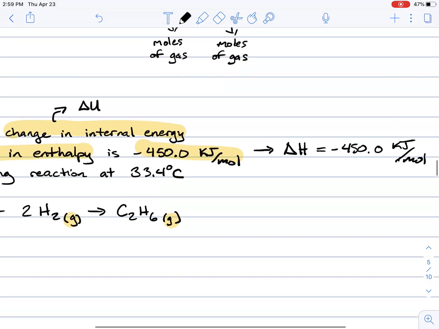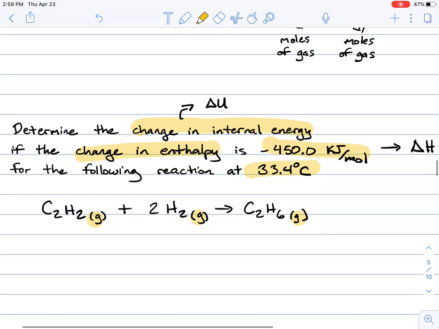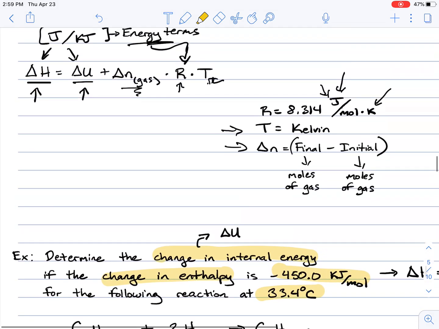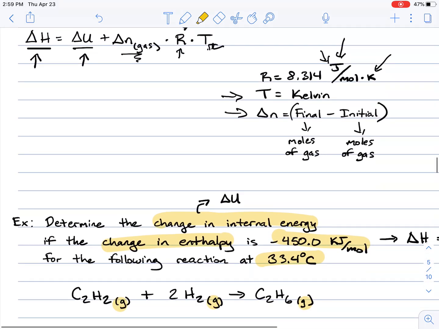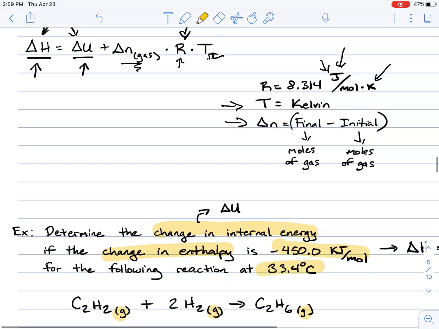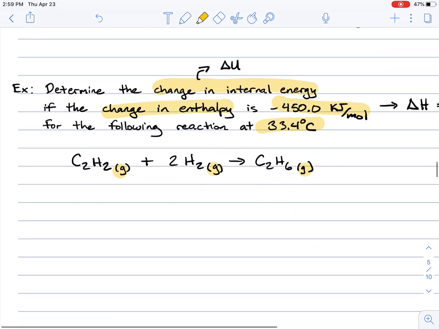And this reaction occurred at 33.4 degrees Celsius. So if I wanted to figure out the change in internal energy, given all of this stuff, I'd probably use this equation. And I'll go ahead and write this equation down once again.